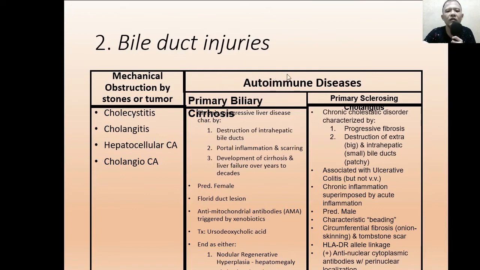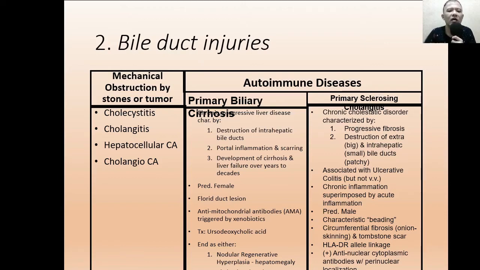Or you may also have autoimmune diseases. Two examples here: primary biliary cirrhosis and primary sclerosing cholangitis. The destruction of the bile ducts here for both cases is secondary to autoimmune, so they just destroy by themselves.